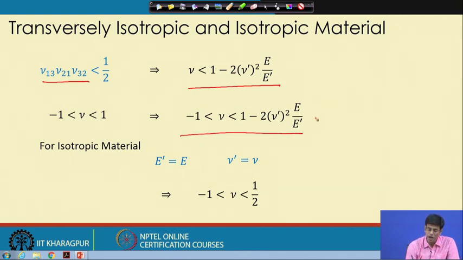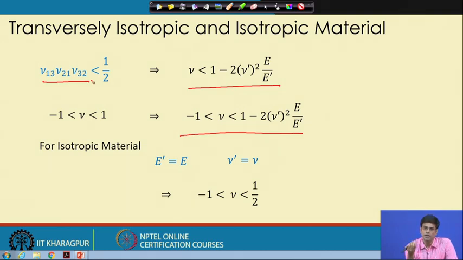So this is a very stringent restriction compared to this. What it means is that the material constants, essentially the engineering constants, cannot be arbitrary.